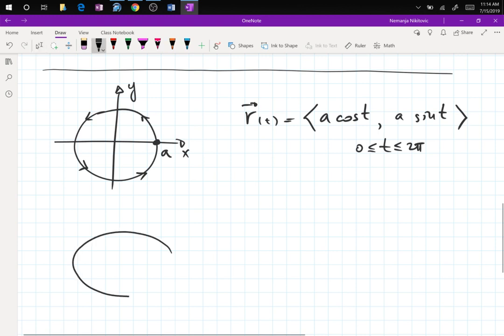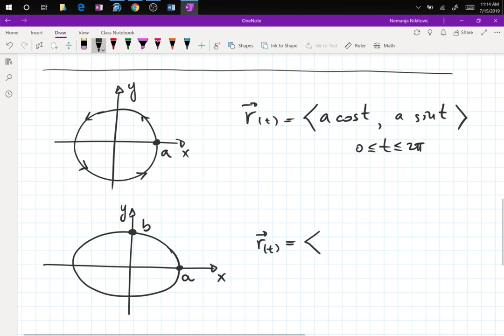If you end up with the ellipse that has a and b, major and minor radius, your r of t vector valued function would be a cosine t, comma b sine t.